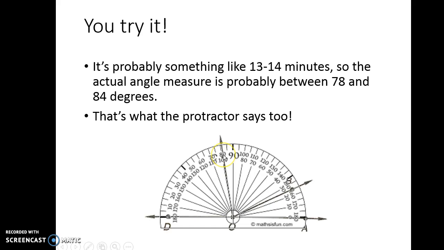So I could interpret that as either being around 80 degrees or 100, and I know that this is an acute angle, and so it looks like it's about 80. Looks like it's actually a little bit more than 80, so maybe 81 or 82 degrees. Probably 81 is a better guess, and that's exactly in the range that we thought. We thought that it was between 78 and 84. We're good to go.